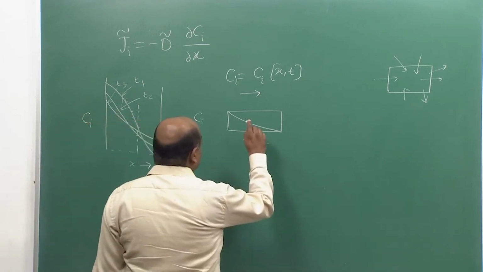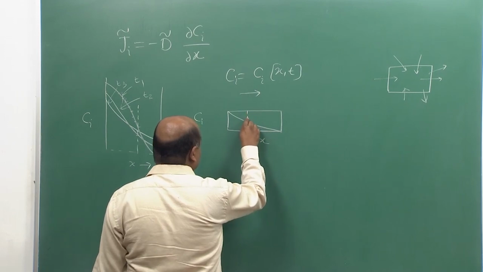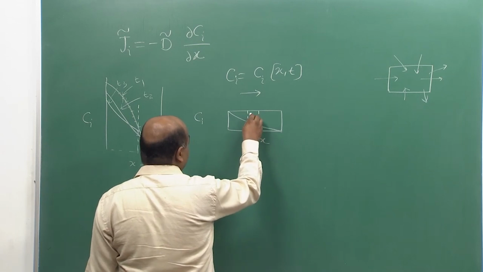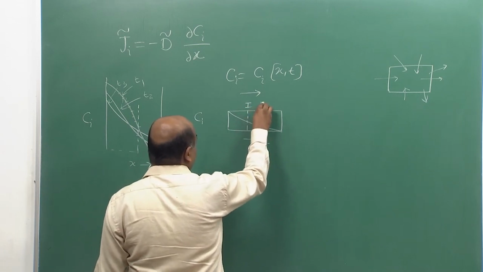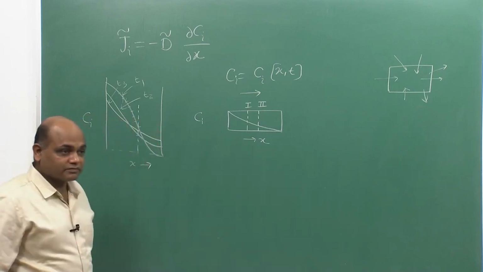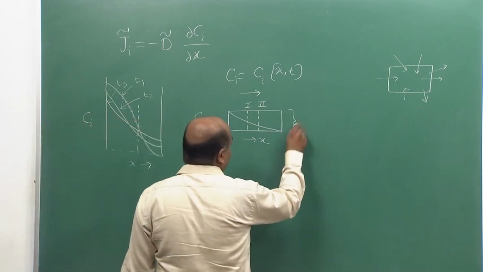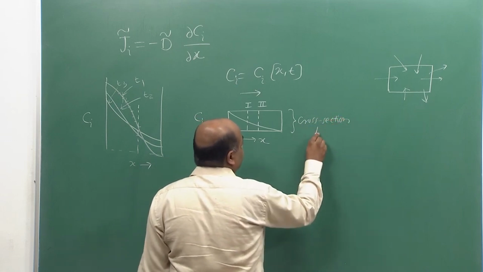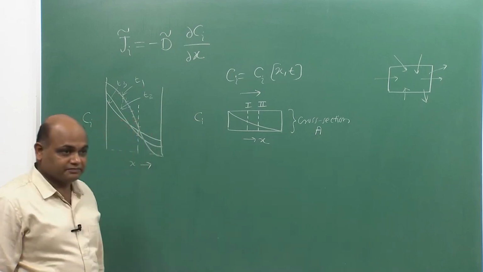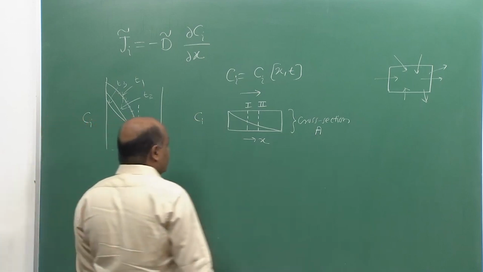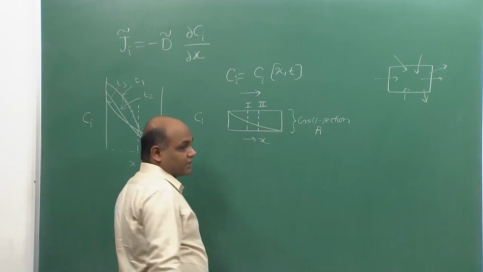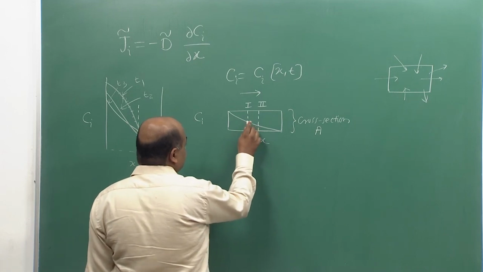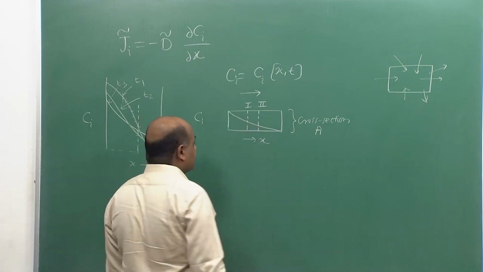Now, if I consider a small volume element which is bound by two vertical planes which are perpendicular to the diffusion direction, let us call this plane 1 and plane 2, and the cross sectional area of this specimen is, let us say, A. Now, we know since the concentration gradient here is negative, the diffusion flux is from left to right.